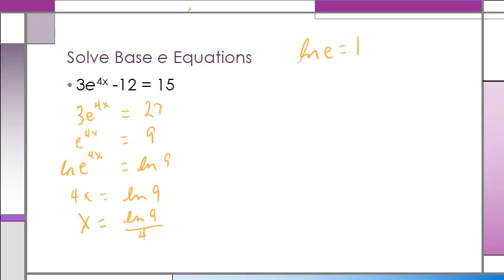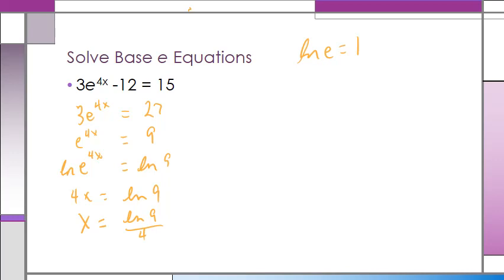Now, ln 9 divided by 4 is in fact a number. In a few minutes, after we look at the next example, and both of these examples happen to be located on page 503 in your textbook, example 4, we're going to get on the calculator briefly and put these expressions in.